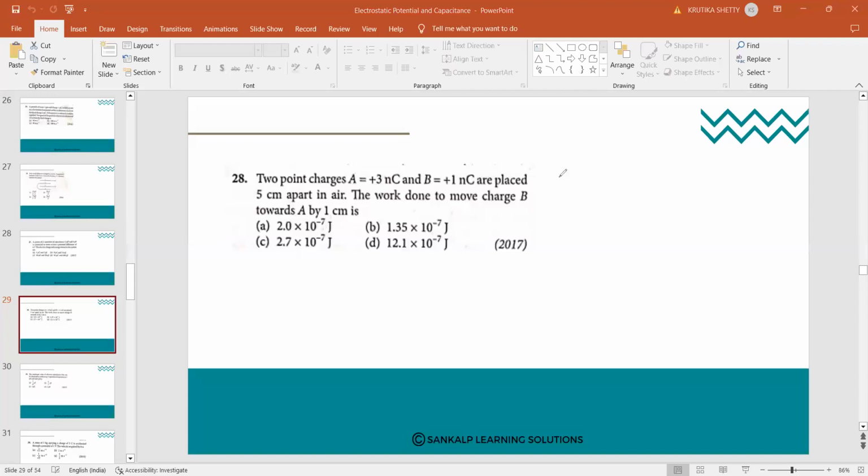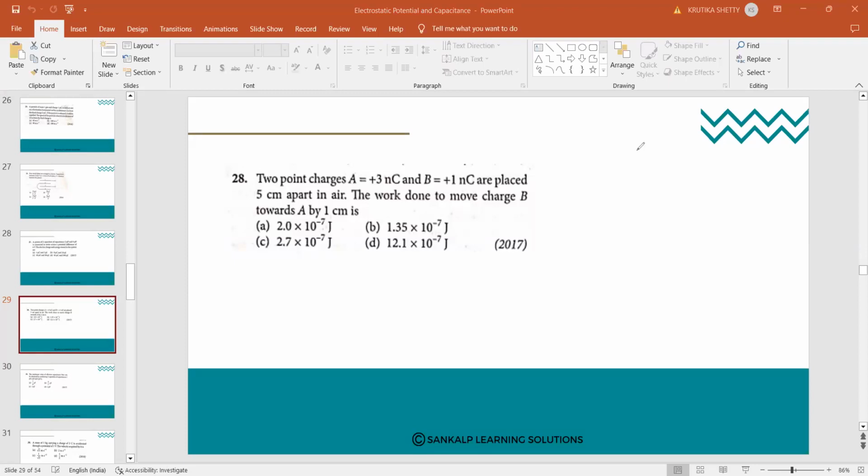So here we have the 2 point charges, one having 3 nanocoulomb and the other just 1 nanocoulomb. They are placed 5 centimeter apart in air.